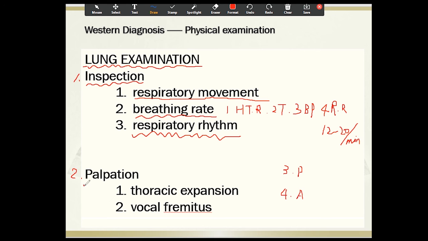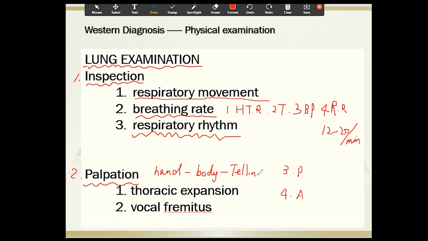Now we're still talking about palpation. Palpation uses our hand on the patient's body, and we feel something changing there. Just feeling.